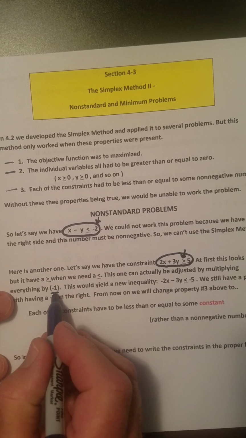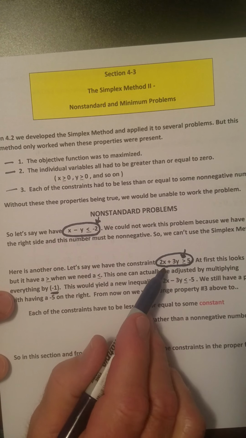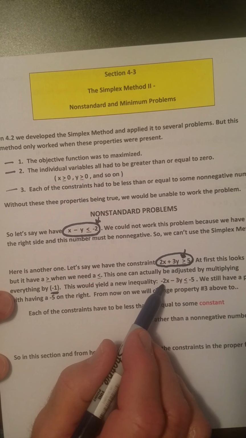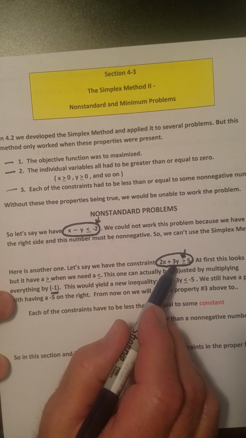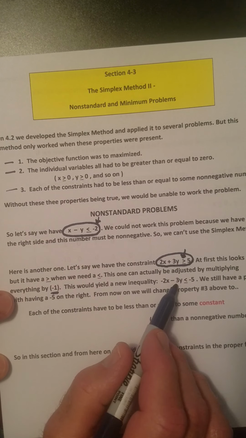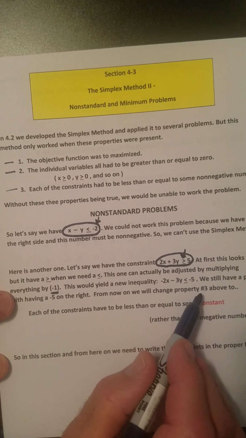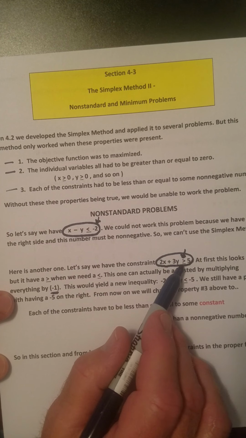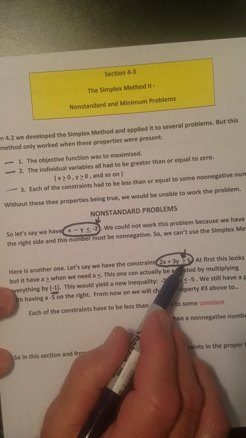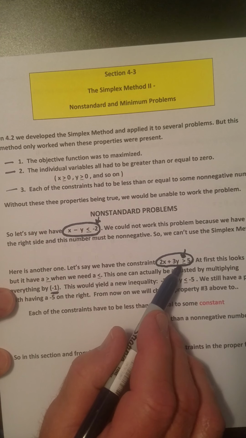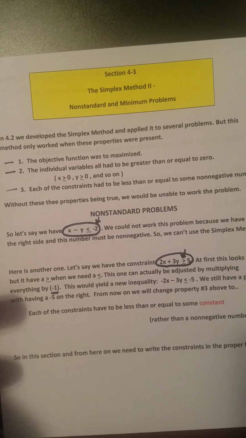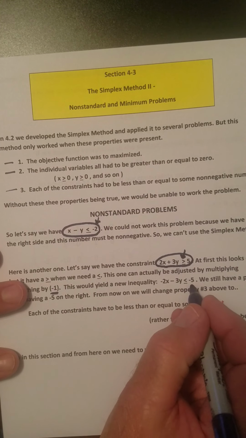If you multiply through by -1, -1 times 2x is -2x, -1 times 3y is -3y, -1 times 5 is -5, and whenever you multiply by a negative, the sign flips around. So it was greater than or equal to here. Here it's less than or equal to.